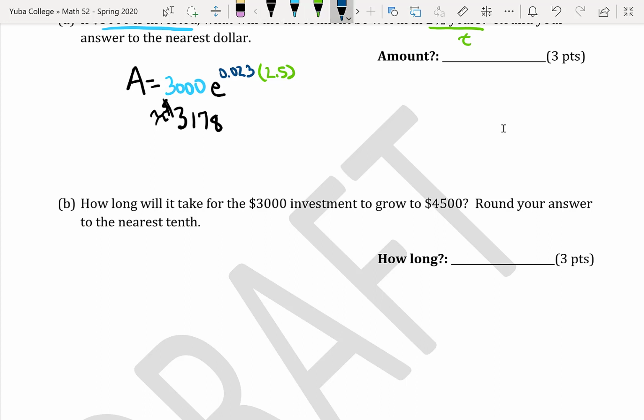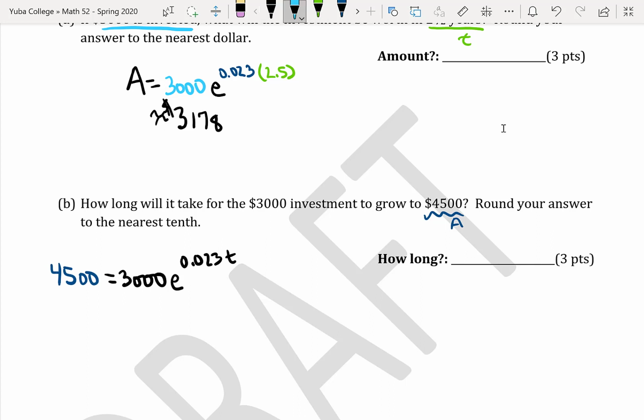Okay, so I have an exponential equation. I want to isolate my exponential piece. I need to divide both sides by 3,000. So I notice that this simplifies a little bit. I can divide both 4,500 and 3,000 by 100.